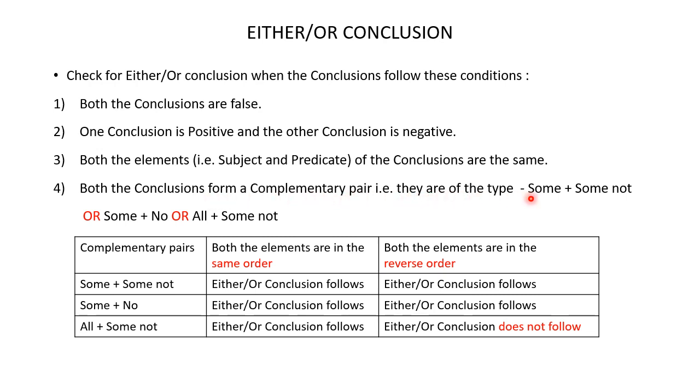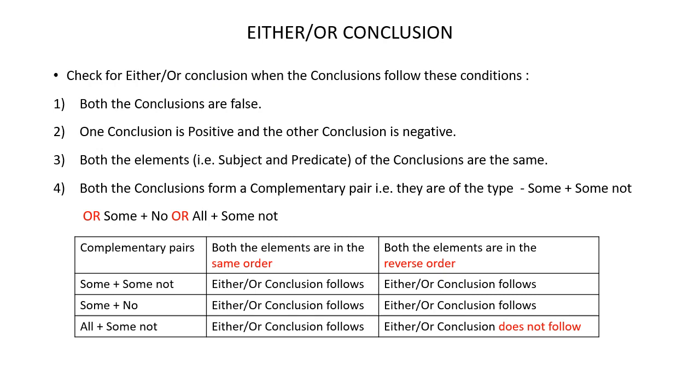That is, they should be of the type some not, or some no, or all some not. Only when the conclusions follow all these conditions, then either or conclusion will follow.